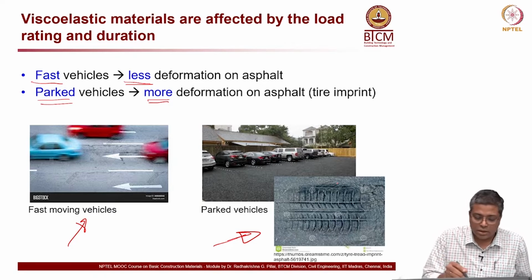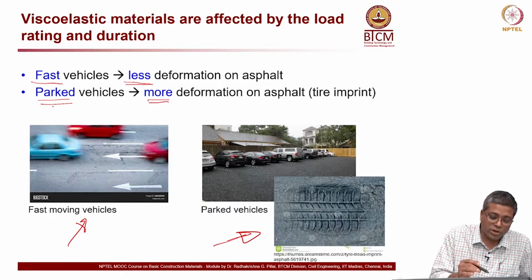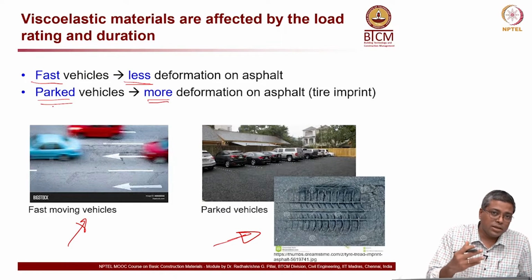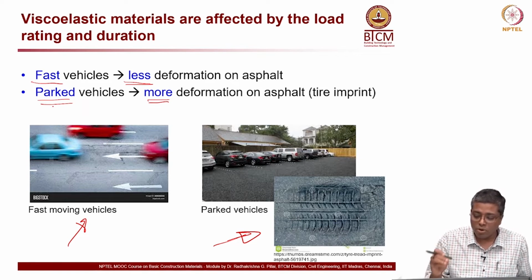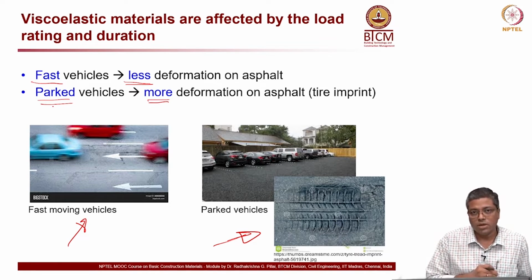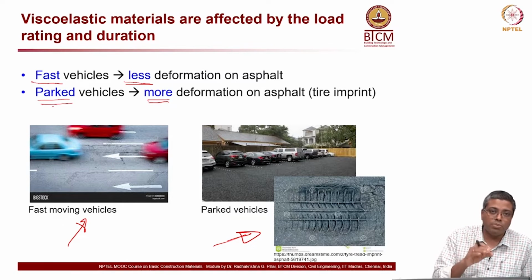And that is because when the vehicle is parked, the duration of the load application is more, and hence you see more deformation on asphalt, even though the weight of the vehicle might be less. In other words, you can even have an imprint even if it's a cycle, for example.